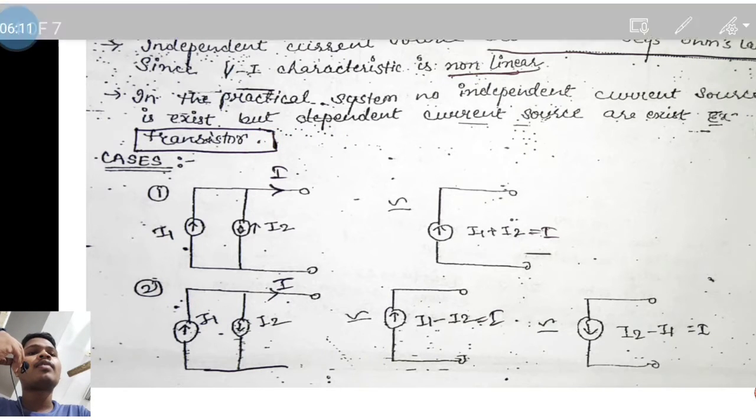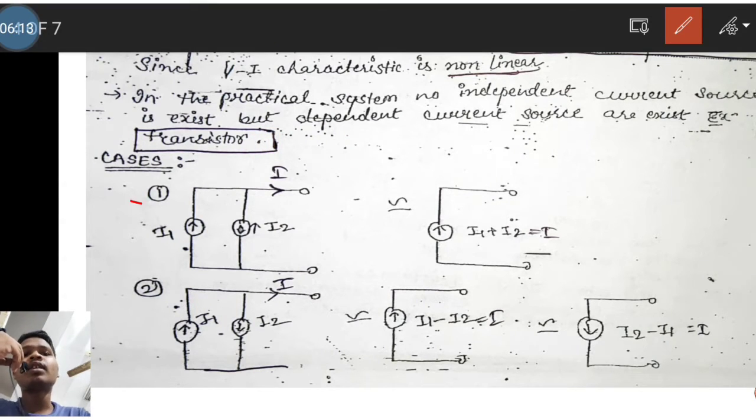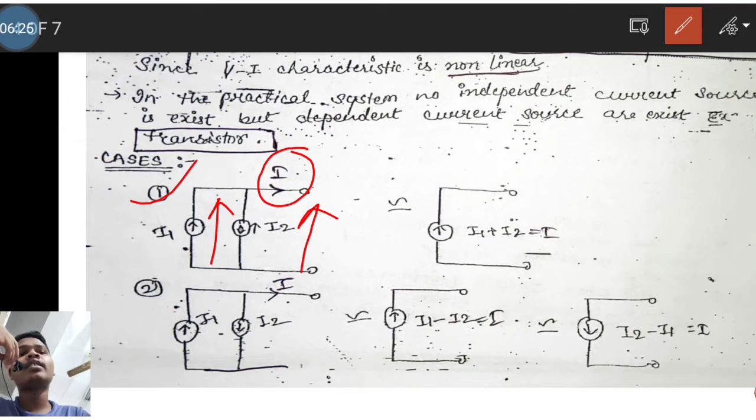Now see some cases. See case number 1, when one current flows in this direction and another current flows in this direction, then the overall current I is equal to I1 plus I2.